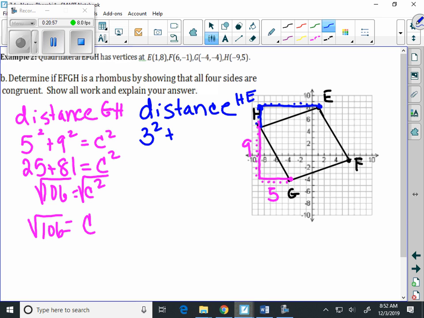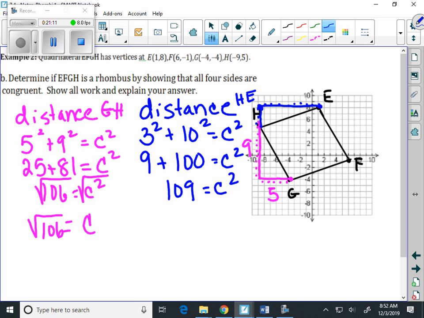When we recount it, we get 10. And as we look at this, we see that they're not the same numbers. We get 9 plus 100 equals c squared, which is 109 equals c squared. And when we take the square root of both sides, we get c equals the square root of 109.